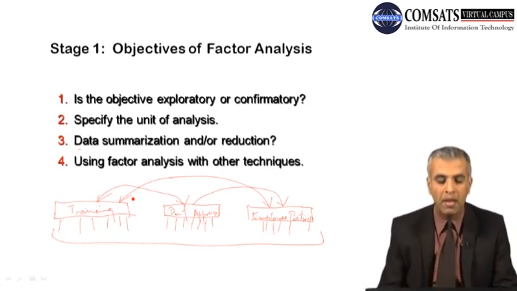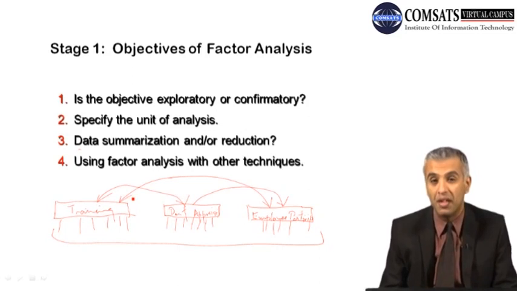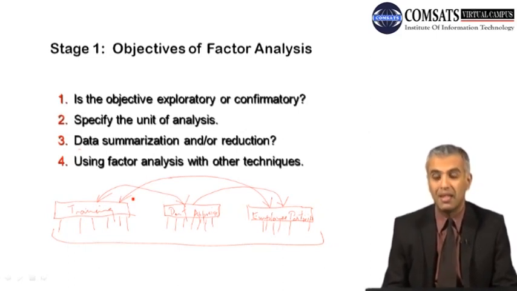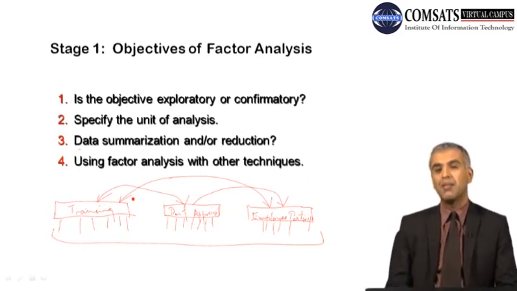So coming to the next part: whether we are going for data summarization and or reduction. We can have both objectives at the same time, looking for summarization as well as data reduction. And then whether we are using factor analysis with other techniques. These are the main basic objectives which we discussed before, and they are vital in stage 1.